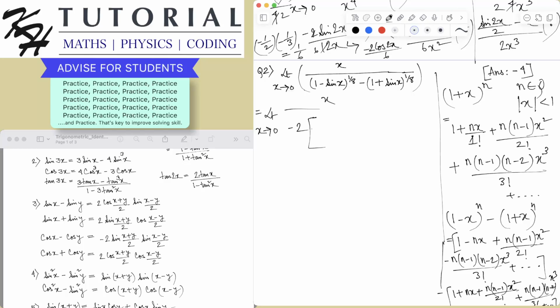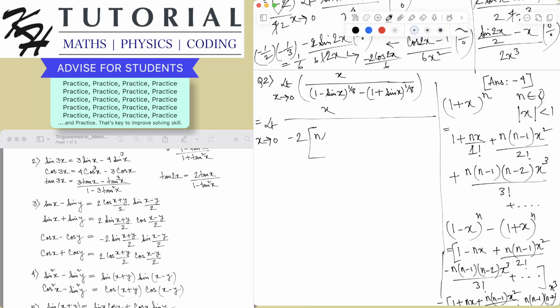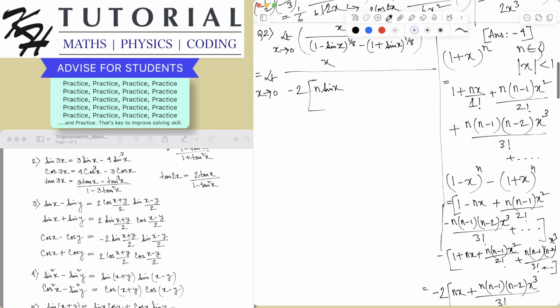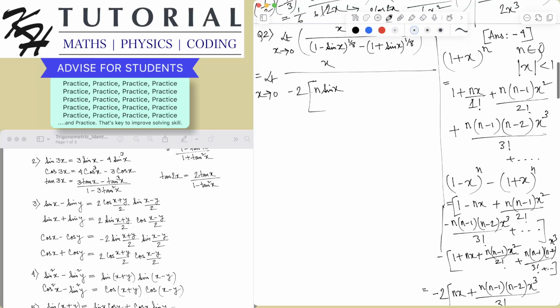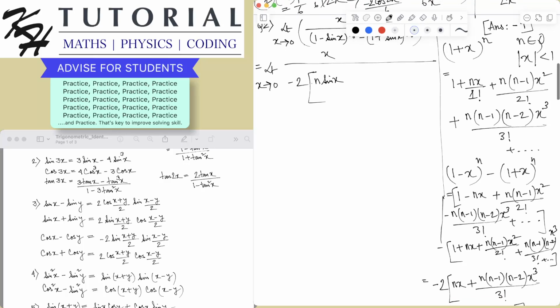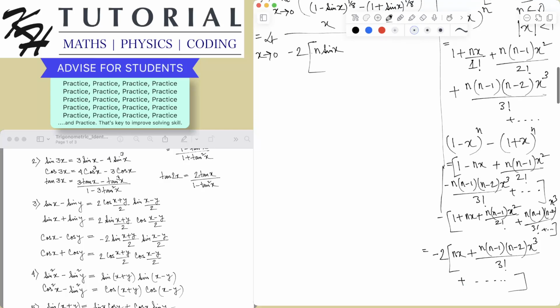So it will be minus twice n sin x, and so on, with x being sin x.